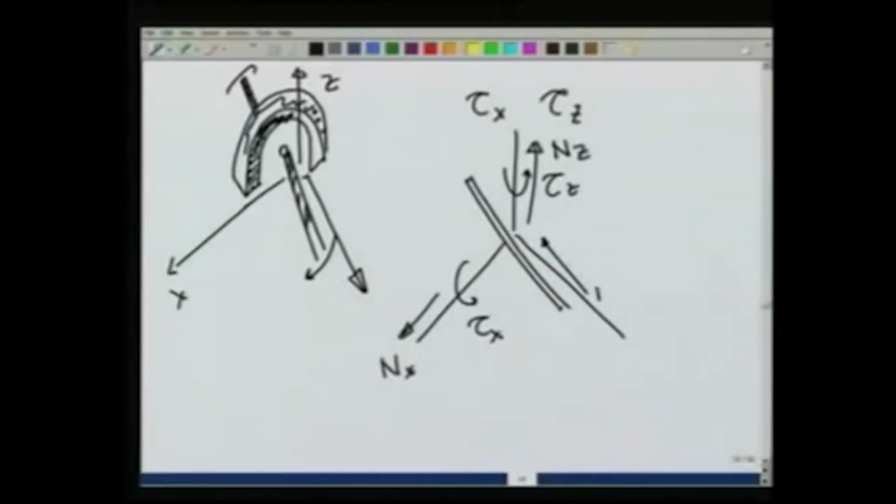In addition, if it were also fixed along the y axis, if the shaft was completely fixed, then it would also provide a force in y direction. If it was not free to rotate, it will also provide a torque along the y direction.